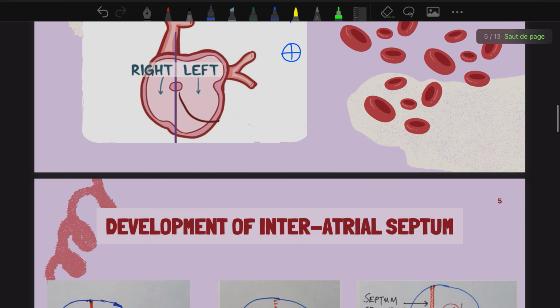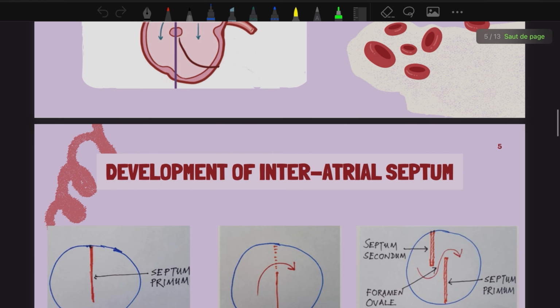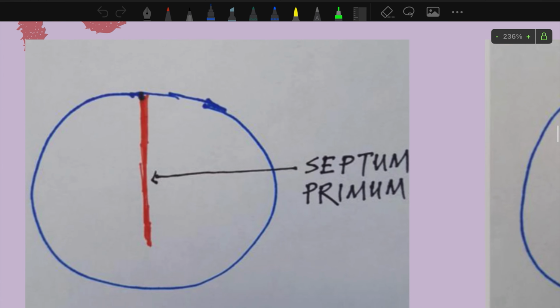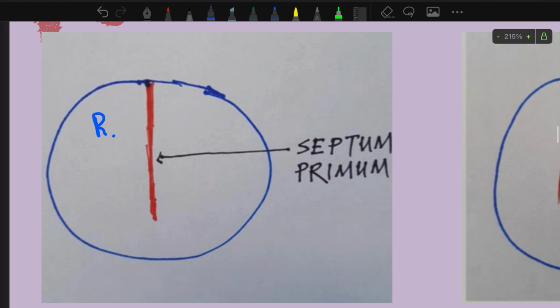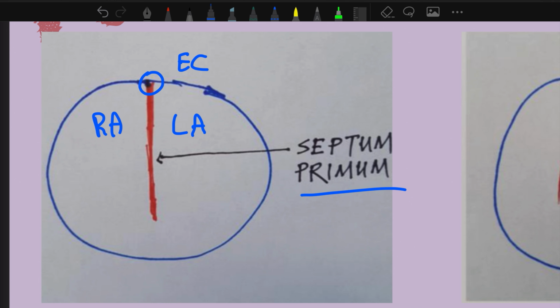Let's start with the development of the interatrial septum. First of all, we have the right atrium and the left atrium. The interatrial septum starts with the septum primum, which is the first septum to exist, and it starts growing from the endocardial cushion.